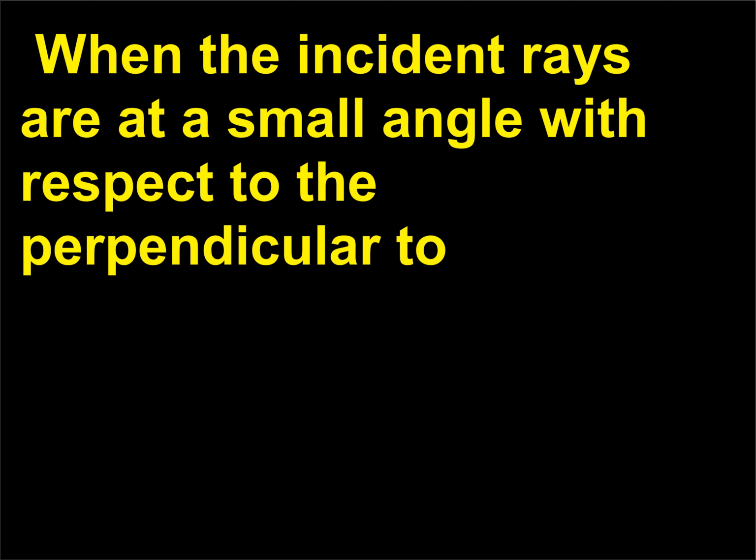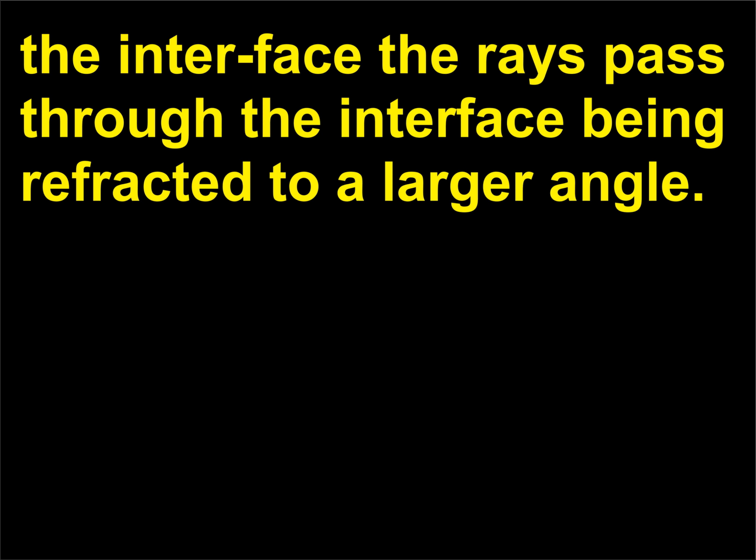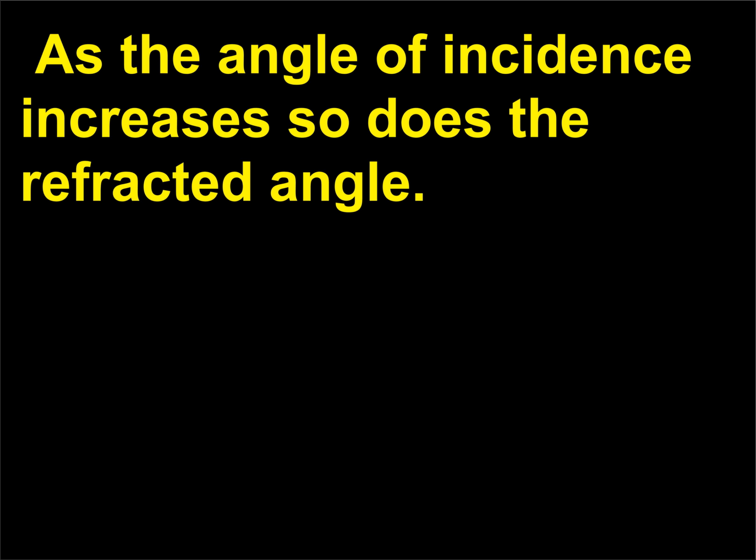When the incident rays are at a small angle with respect to the perpendicular to the interface, the rays pass through the interface being refracted to a larger angle. As the angle of incidence increases, so does the refracted angle.